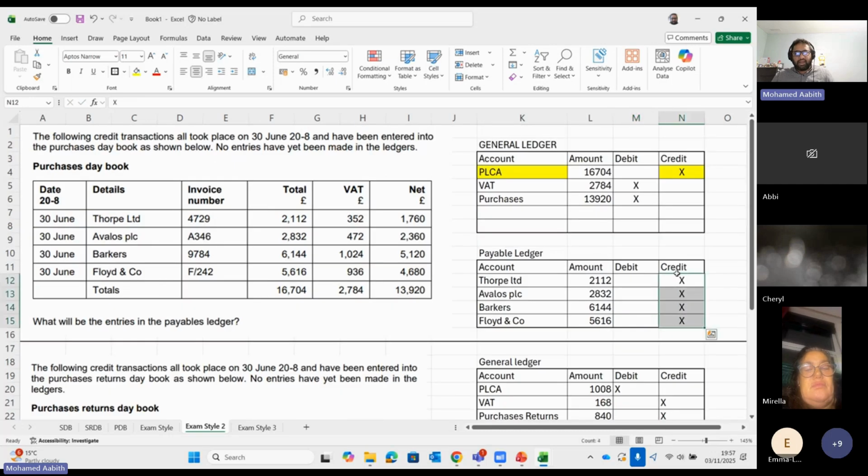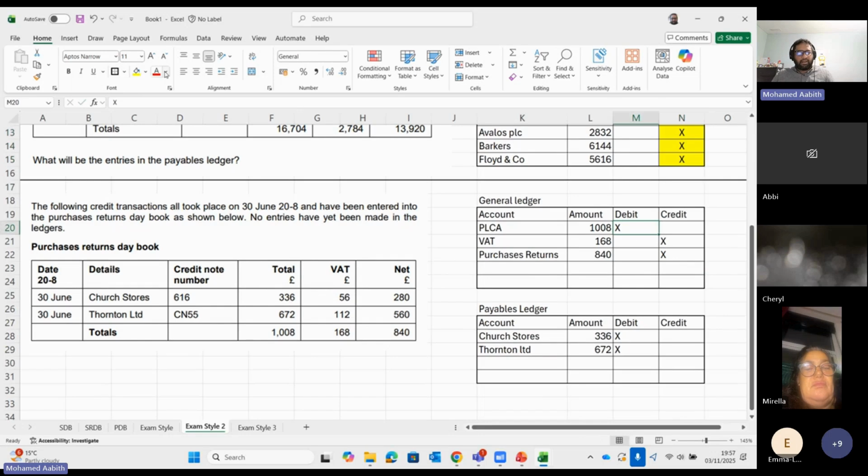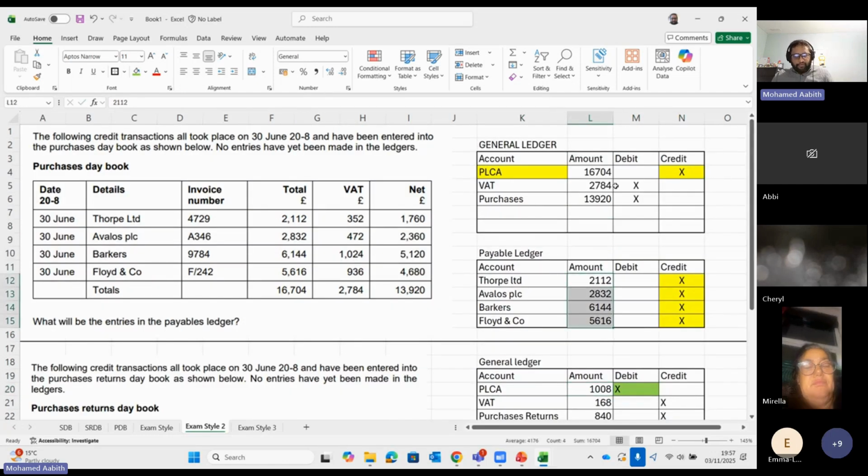So can you see here, this is the same as my PLCA, and here this is the same as my PLCA. Can you see these two entries also? It is exactly a carbon copy. If you add these two figures, that will be equal to that. If you add all these four figures, that will be equal to that number. So that is an exam style question. You are likely to score very high marks on that if you follow that procedure.